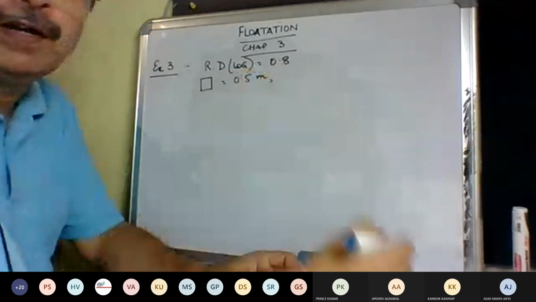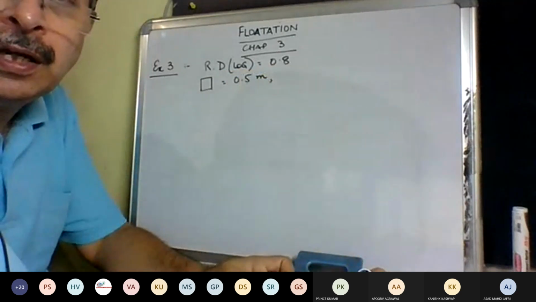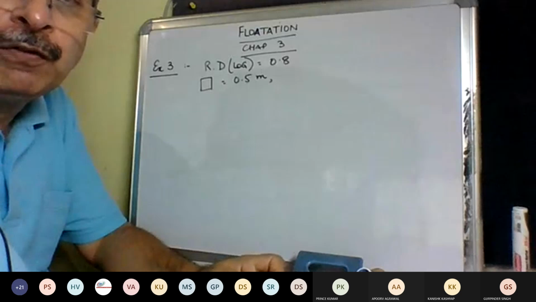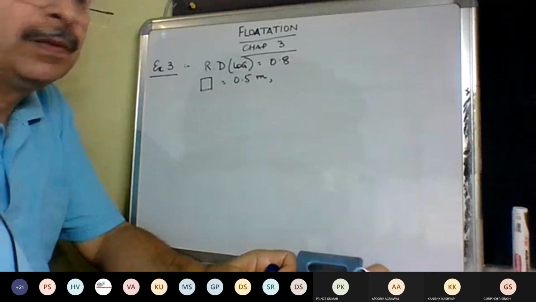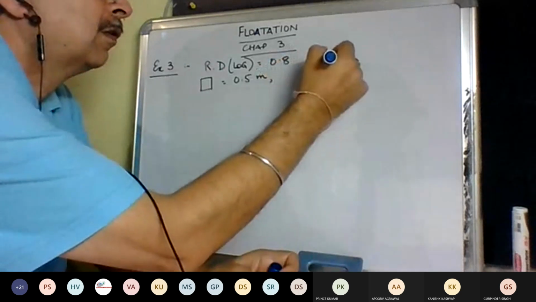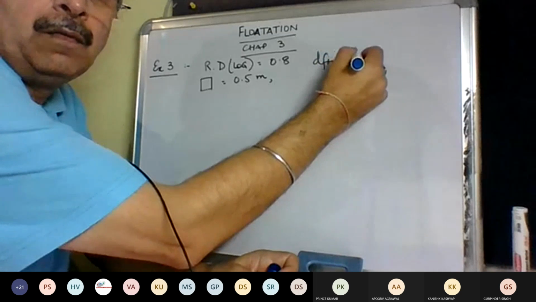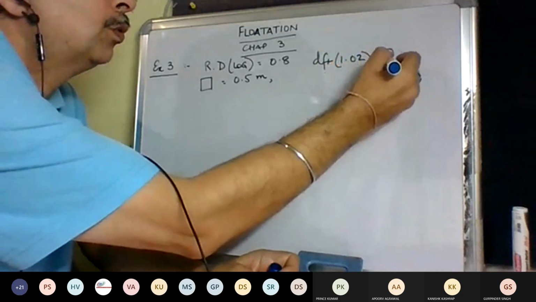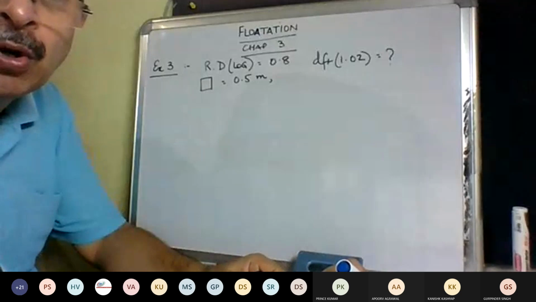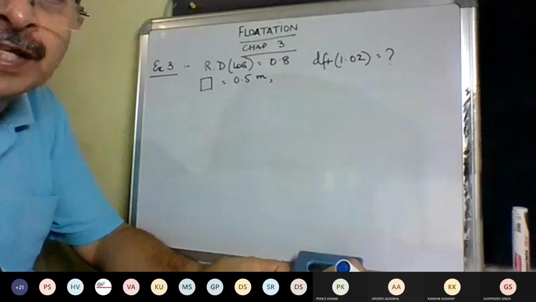We have to find the draft in density 1.02, assuming that the log will float with one face horizontal.